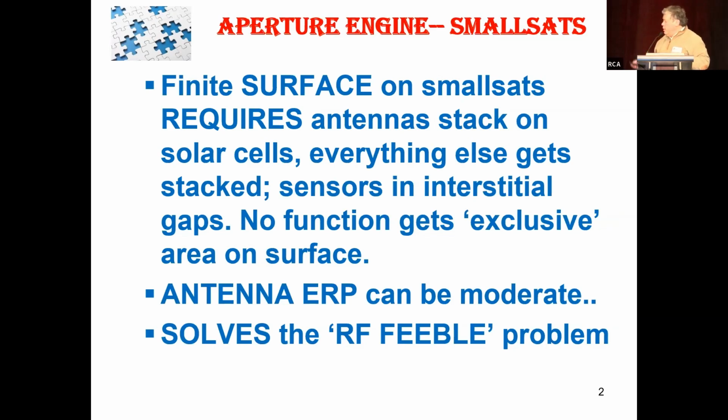The antenna ERP, it turns out, for some of these very small satellites, say CubeSat size, is actually pretty moderate. And in this case, you solve the RF feeble problem by taking advantage of the entire surface being used as part of the antenna. At the same time, it's being used to gather power, harvesting from the sun. By the way, when I first did this, everyone said you can't do it. They said as soon as you put an antenna on top of the solar cells, it's going to stop working.